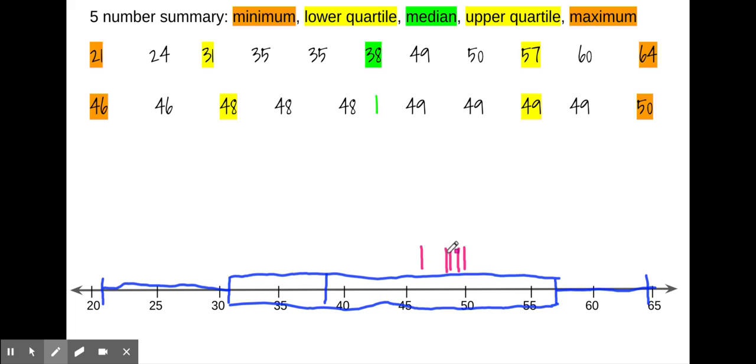Okay, so now I'm going to draw my box between my lower quartile and my upper quartile and add my whiskers. There we go. So here I have very rapidly drawn a box plot that helps us see the differences between these two data sets very easily and graphically.